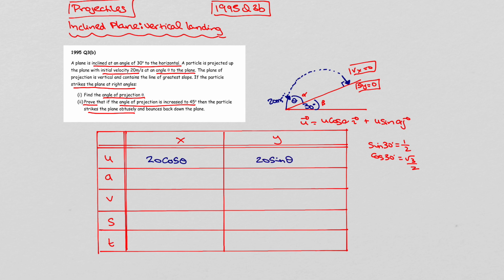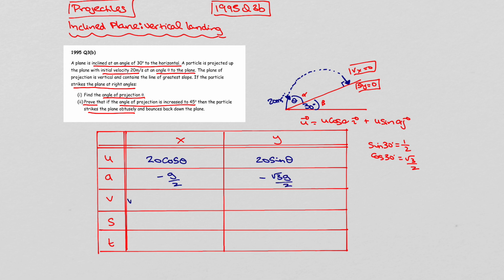Now because it's the inclined plane, our acceleration in the x direction is normally minus g sine beta. But sine beta is going to be a half, so that's going to be minus g over 2. And then in the y direction, we would normally say it's minus g cos beta, but cos 30 is root 3 over 2. So that's going to be minus root 3g over 2.